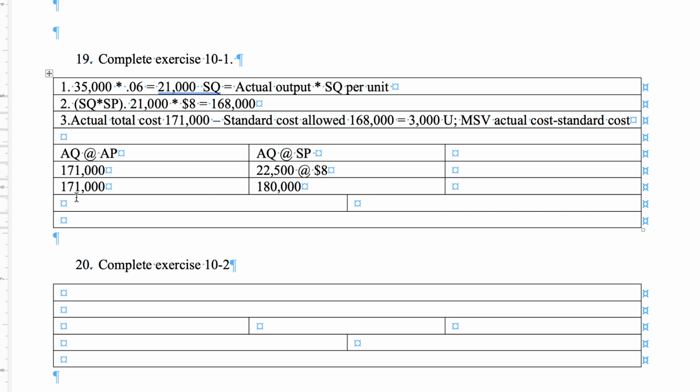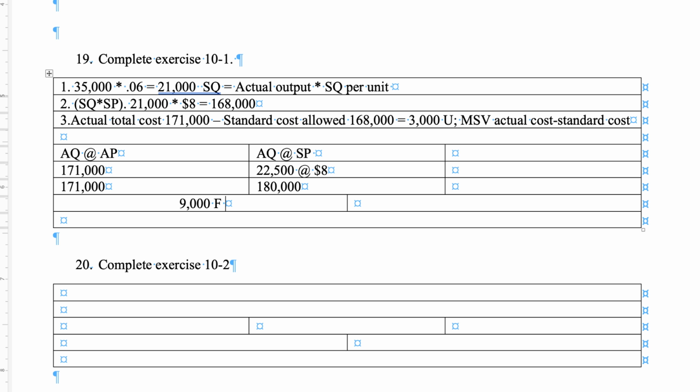We actually paid $171,000. We are favorable. The difference between those two numbers is $9,000 favorable. Great. But wait a minute. In total, the spending variance is $3,000 unfavorable.